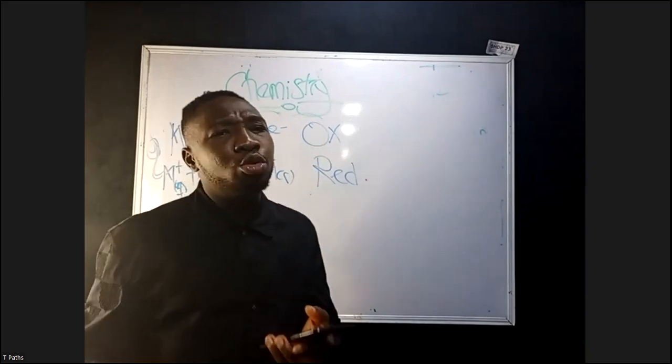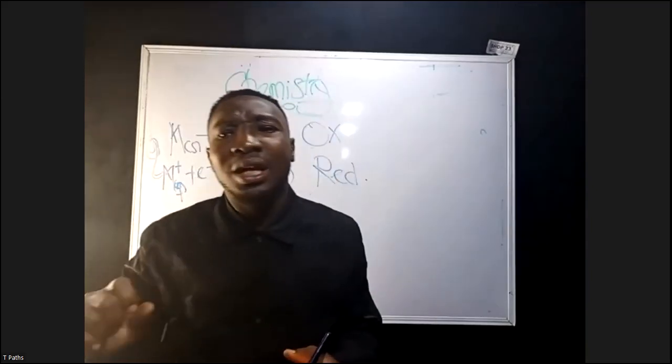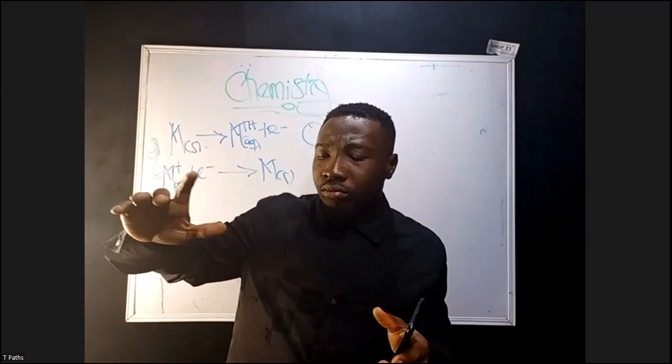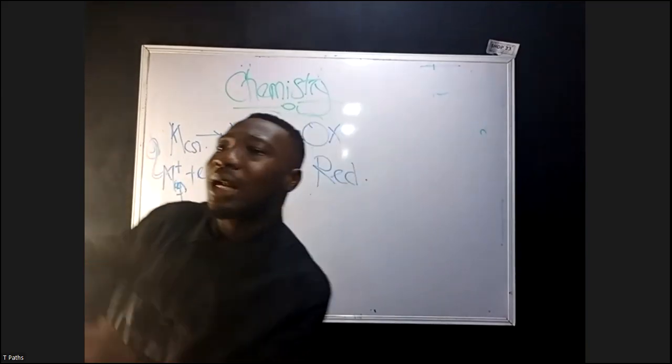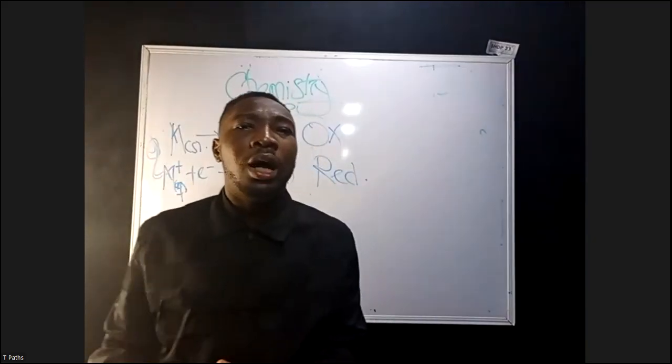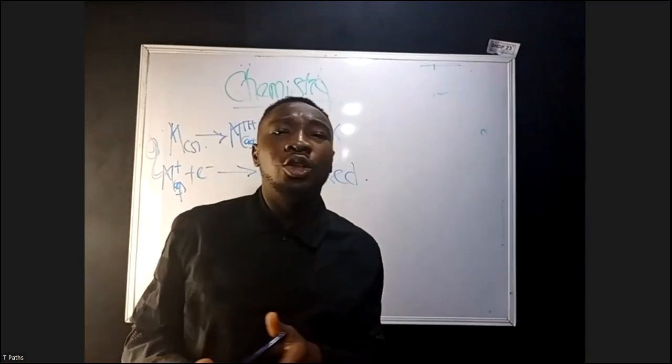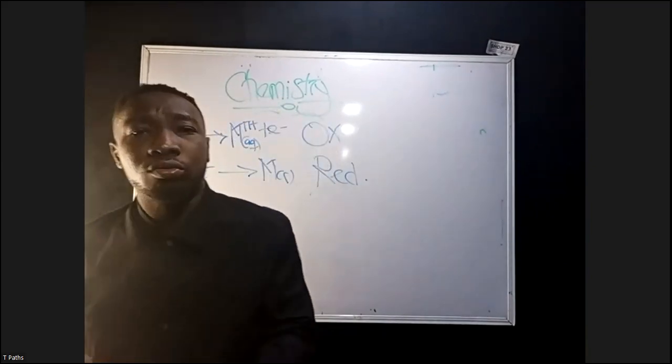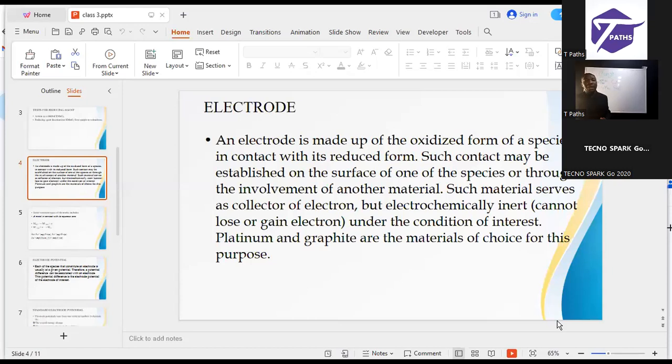This electrode potential can be coupled together with a reference electrode, and that reference electrode is said to have an electrode potential of 0 volts. And from that, we can talk about the standard electrode potential. Very, very important concept.